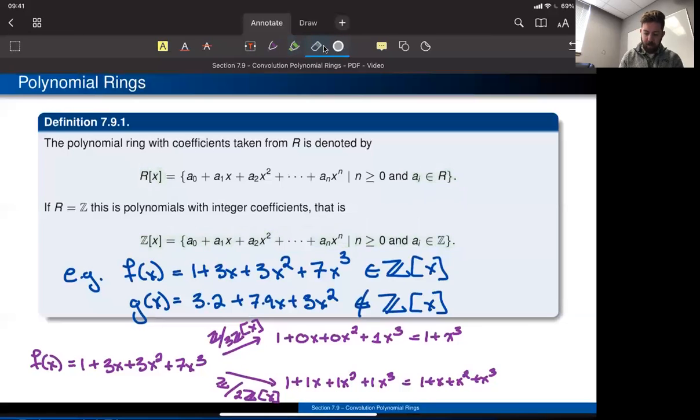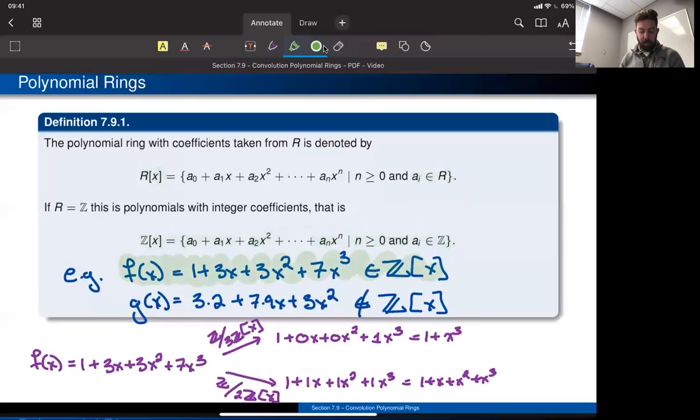The first and easiest one is obviously when your ring is just the integers. So we have this little polynomial f, which is 1 plus 3x plus 3x squared plus 7x cubed. Those coefficients of 1, 3, 3, 7 are all integers. That variable happens to be an x. So that polynomial lives in this polynomial ring Z bracket x.